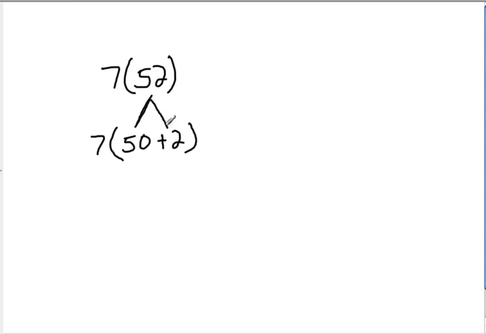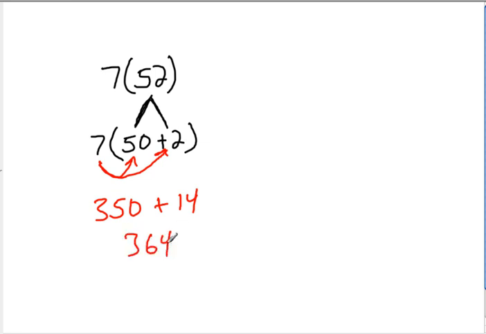It's kind of the reverse. Instead of adding them, we're kind of breaking it apart. And then the distributive property says, hey, let's multiply that 7 times each thing individually and then add them. So 7 times 5 is 35, so 7 times 50 is 350. 7 times 2 is 14. And so we get 364.